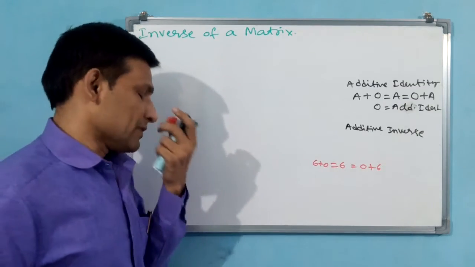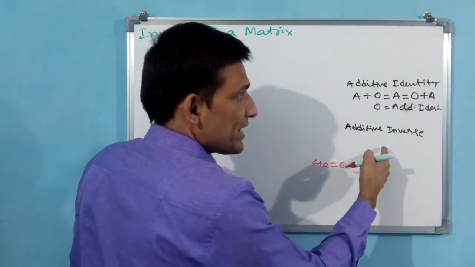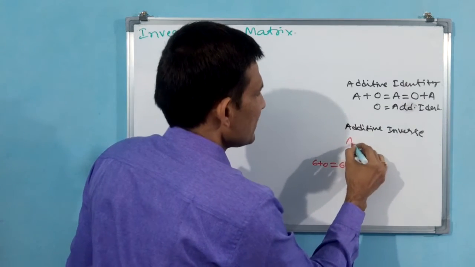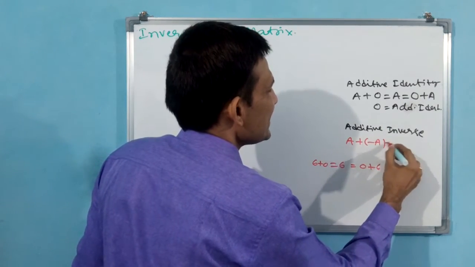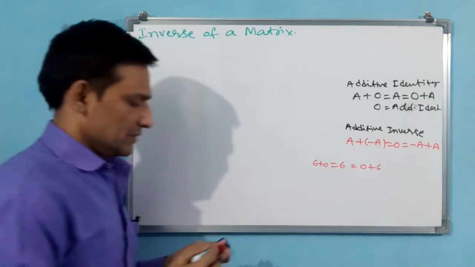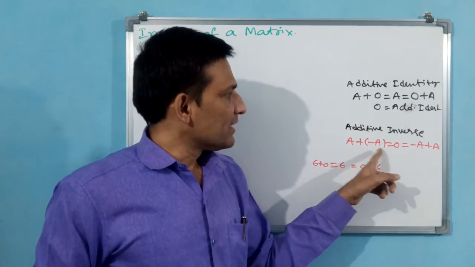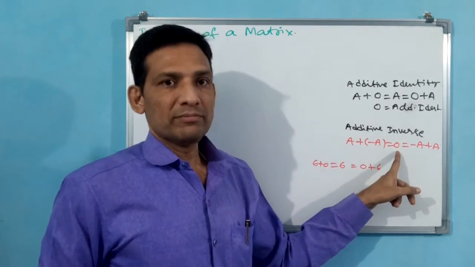Now come to additive inverse. Additive identity has come. You see like this: A plus minus A is equal to 0, that is equal to minus A plus A. That means with any other matrix, if you add, then additive identity has to come.